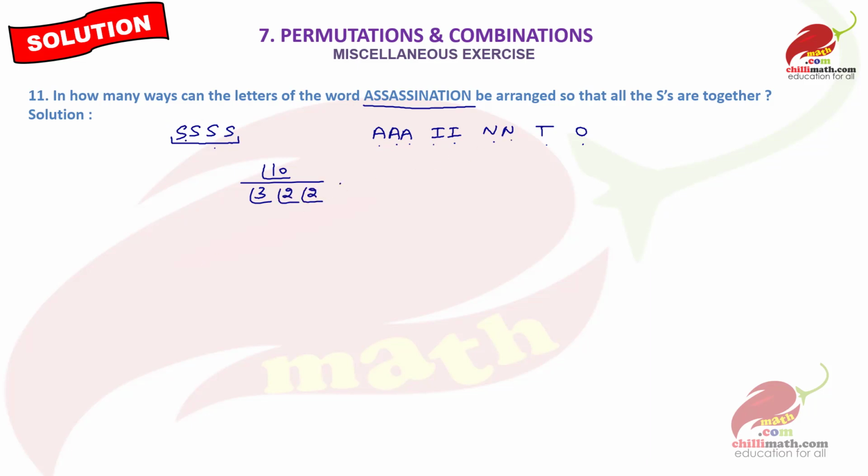Now these 4 S, they themselves can arrange in how many ways? The 4 are repeating. So 4 factorial over 4 factorial. So solving this, we can cancel this, and this is equal to 15120. That's your answer.